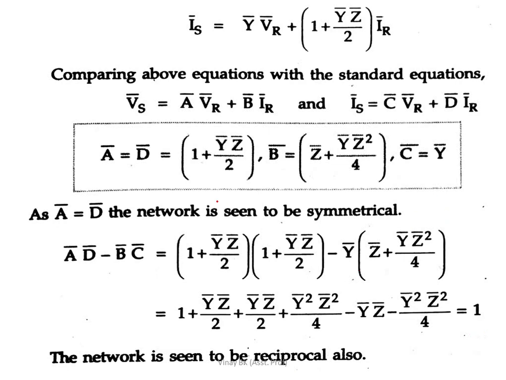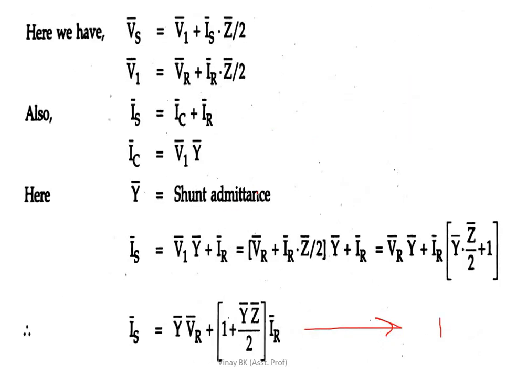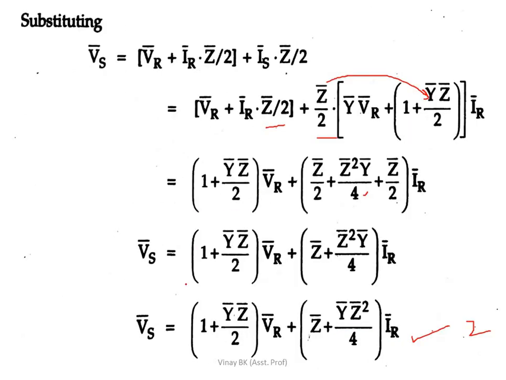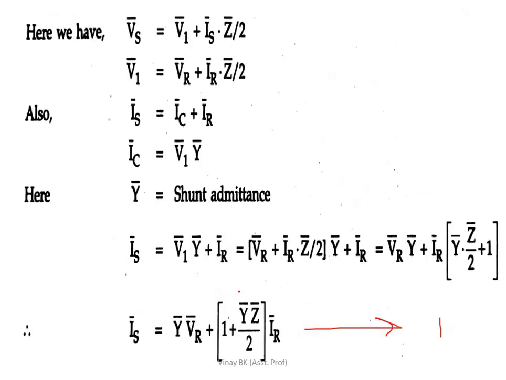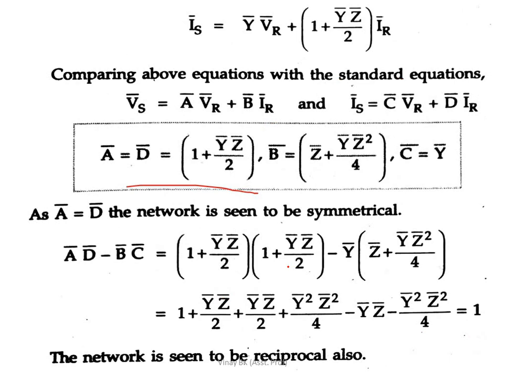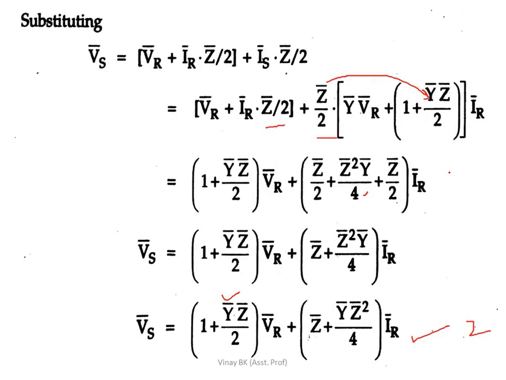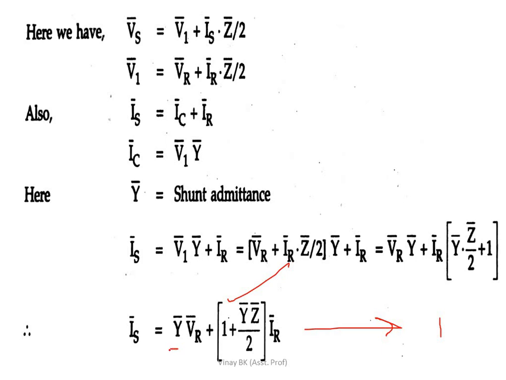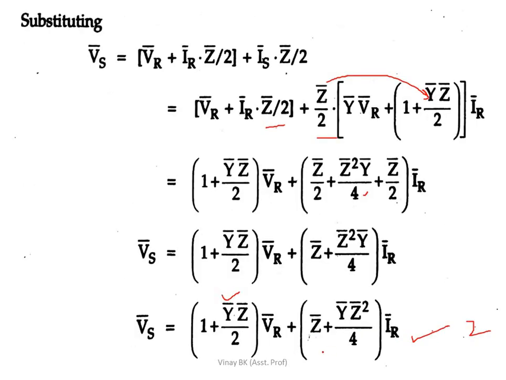Once we have IS and VS, comparing with the ABCD parameters, we get A equals D, which is 1 plus YZ by 2. This A and this D are the same, so the symmetrical property is satisfied. Similarly, C is nothing but Y, and B is nothing but Z plus YZ square by 4.